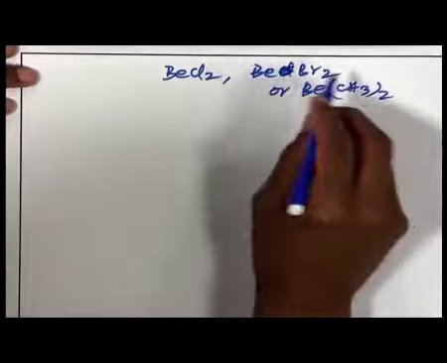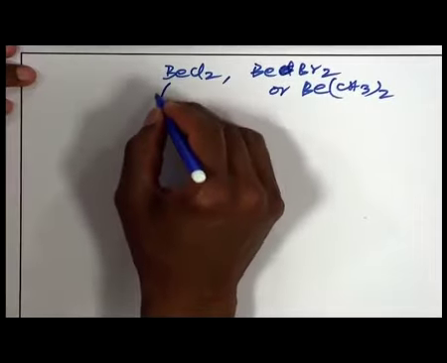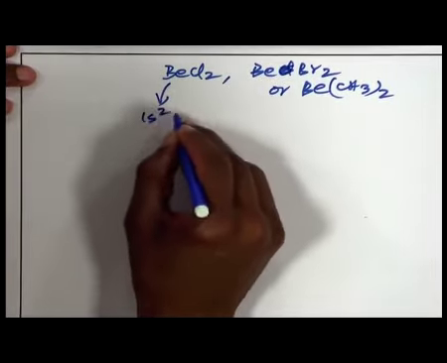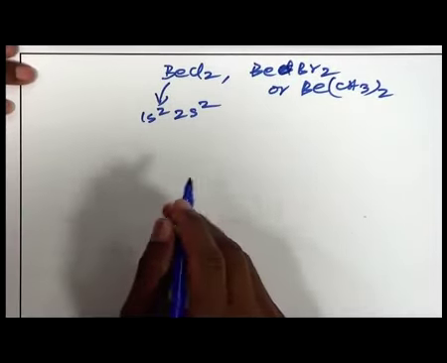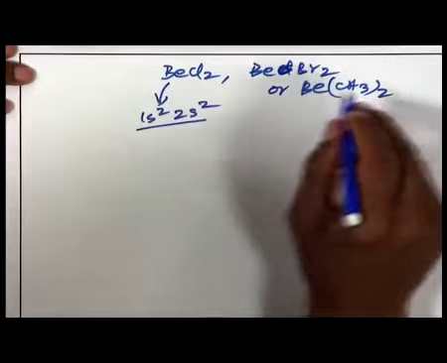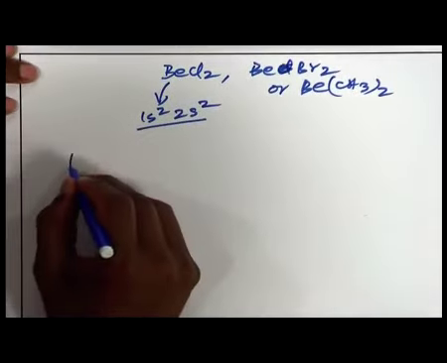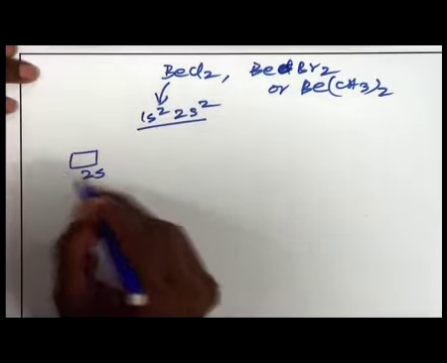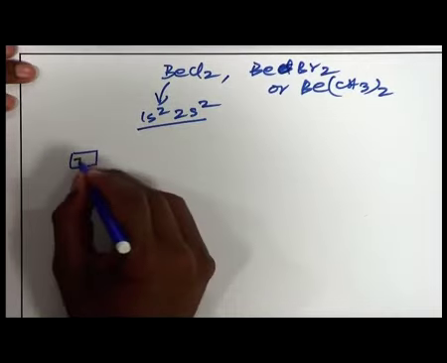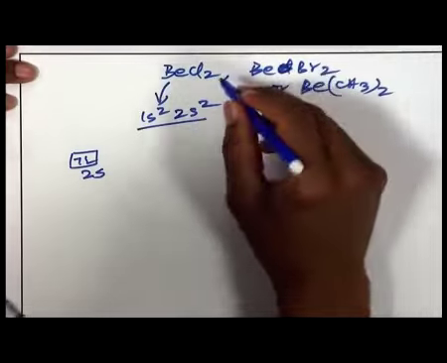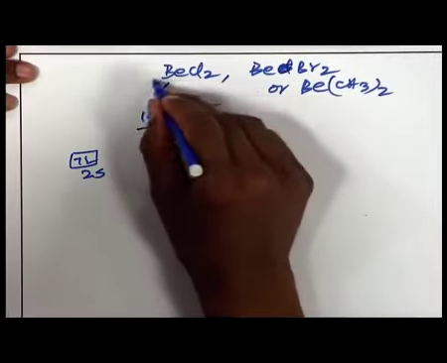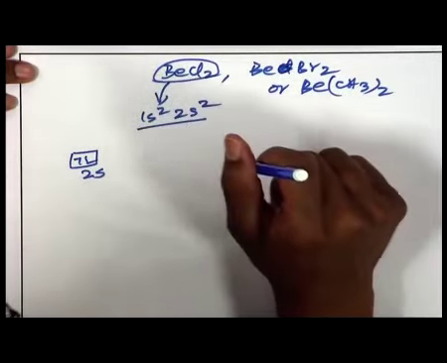The electronic configuration of beryllium is 1s2 2s2. The 2s orbital of beryllium contains no unpaired electrons. But how is it possible for beryllium to form 2 bonds with 2 chlorine atoms?